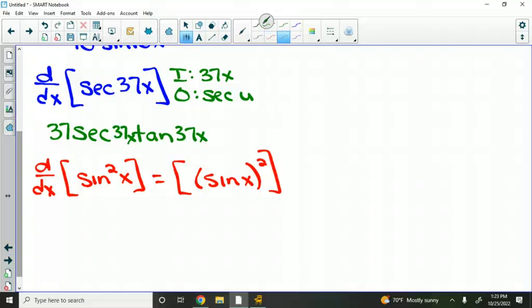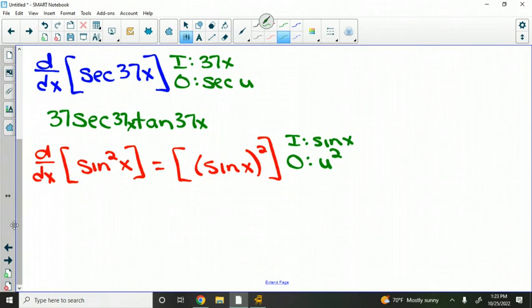So when we go to set this up, the inner is the sine of x, and the outer is u squared. And then when we derive the outer, u squared, bring the 2 down, keep the inner, times the derivative of the inner. And there's our derivative overall.